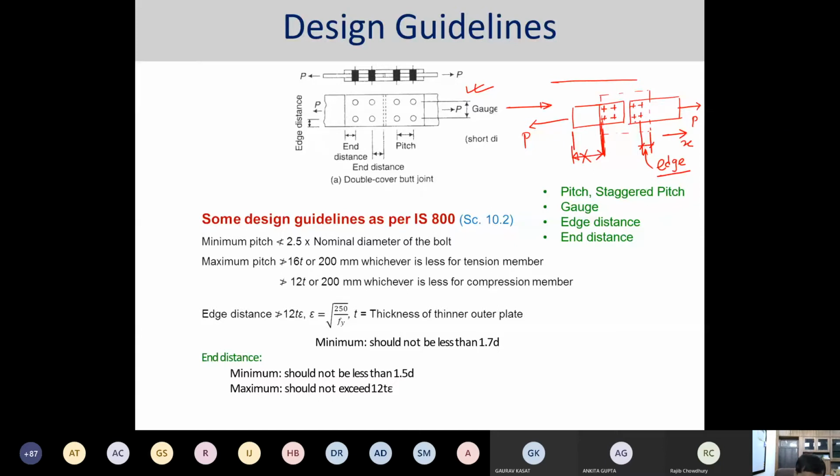Edge distance means the distance from the last bolt to the edge of the connected plate, along the x direction or along the direction of the force. What is the end distance? End distance is also the same thing. From here to here, let's say this is the plate end. So this is called the end distance.